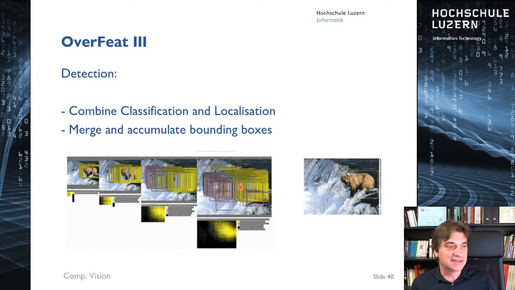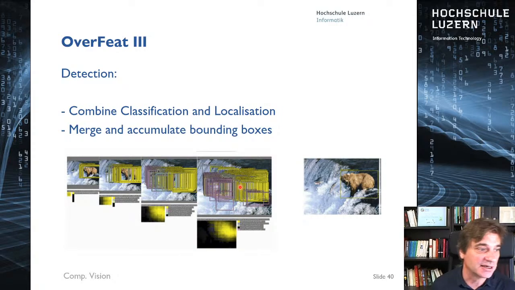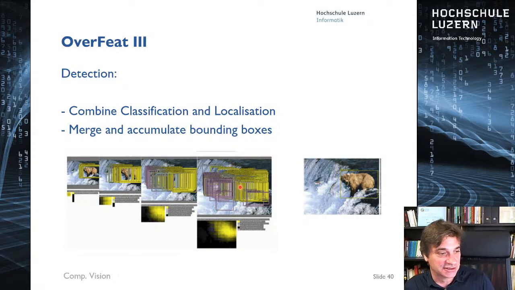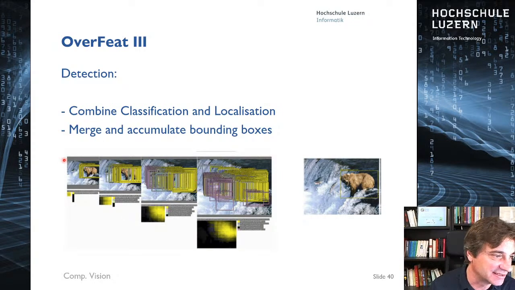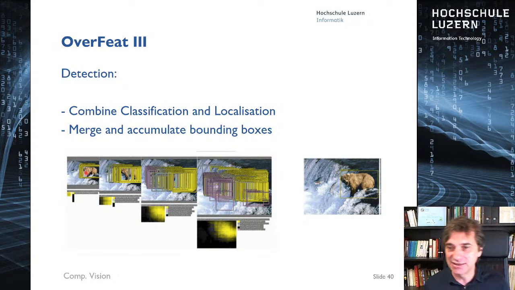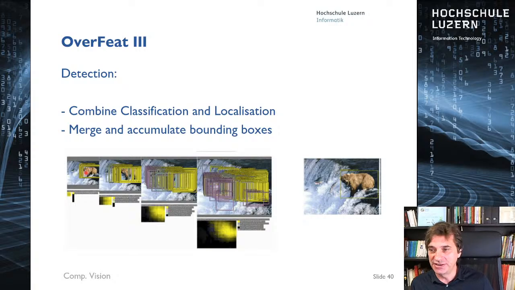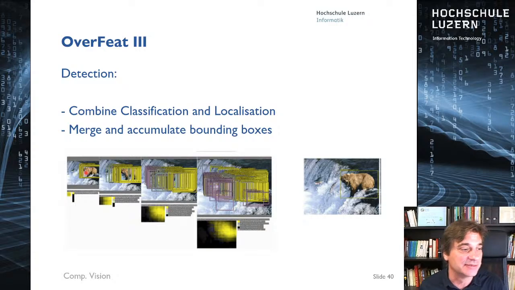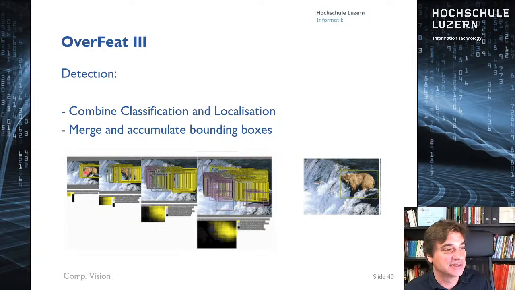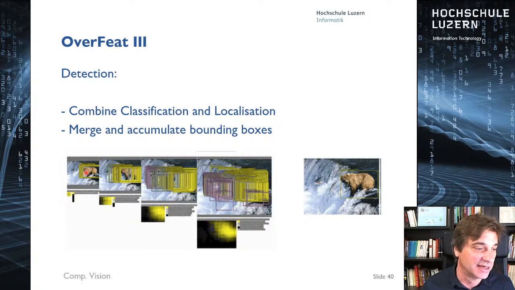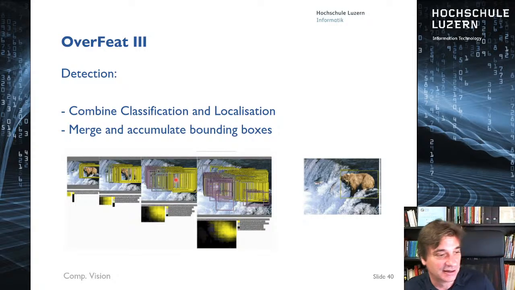In a final step, they combine the classification and localization by merging and accumulating bounding boxes. So they have the bounding box, and inside the bounding box they have the different regions that were determined from the classification of each subregion, and they know which class it is. If it's all the same class, then they combine those bounding boxes and accumulate them, and then delete the smaller ones that are inside.